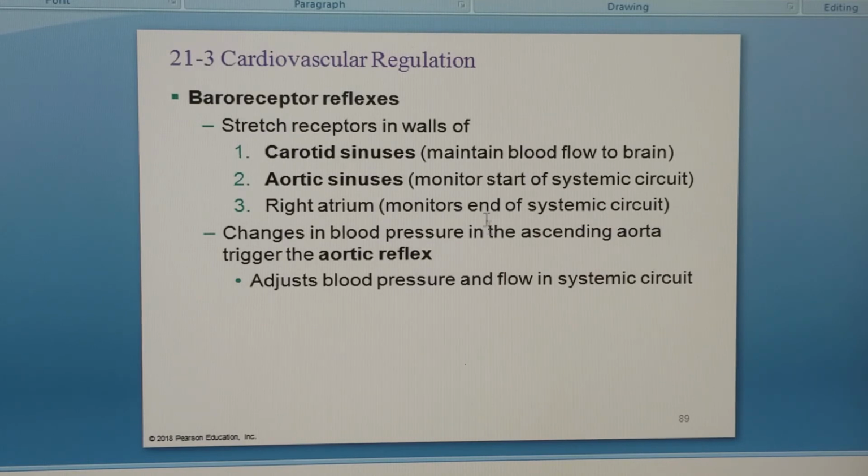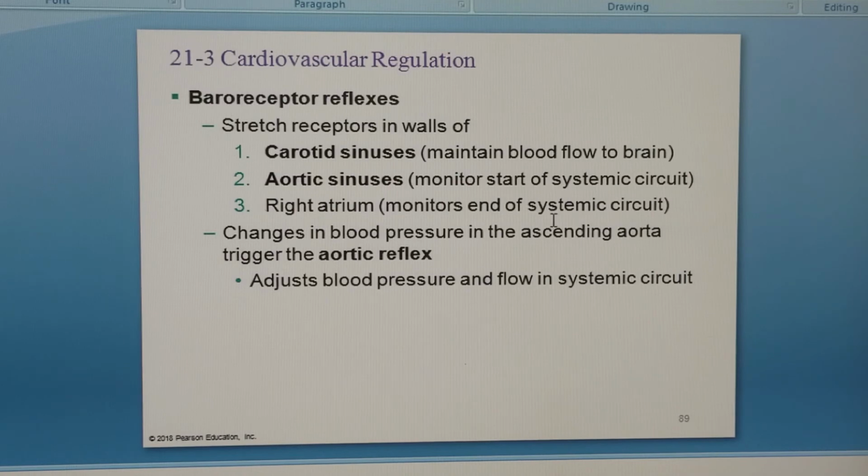So we have baroreceptors, pressure receptors, strategically placed in areas such as the common carotid artery, at the bifurcation where it turns into a Y and branches into two different arteries. It'll be placed right there in the center, so it monitors the pressure that's hitting that point.